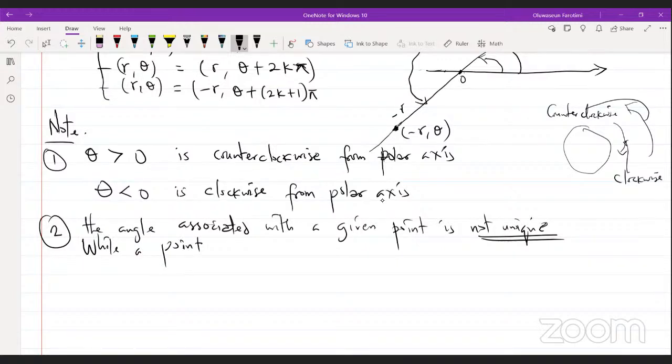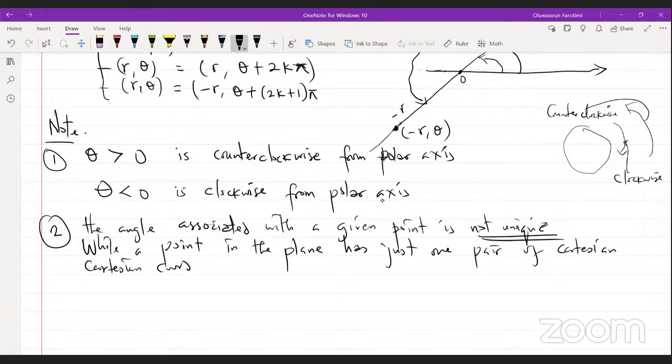While the points in the plane, and by plane here we mean the x and y, have just one pair of Cartesian coordinates, the same point in terms of polar coordinates will have infinitely many pairs.